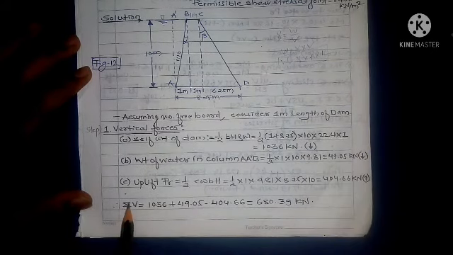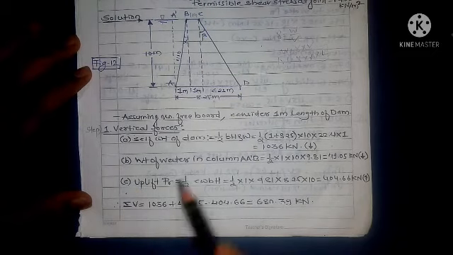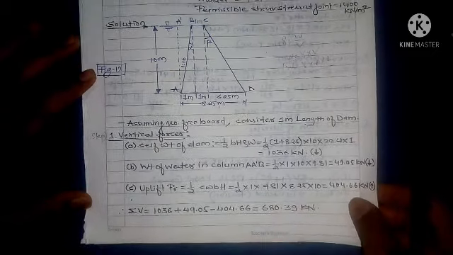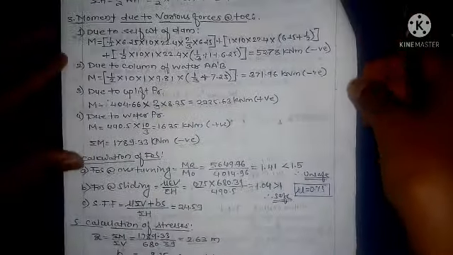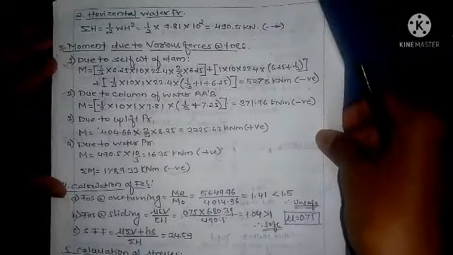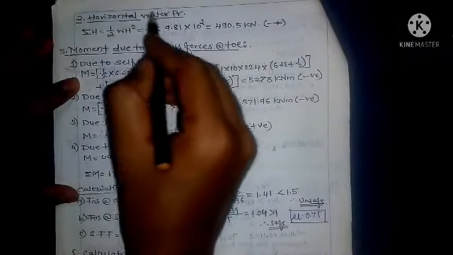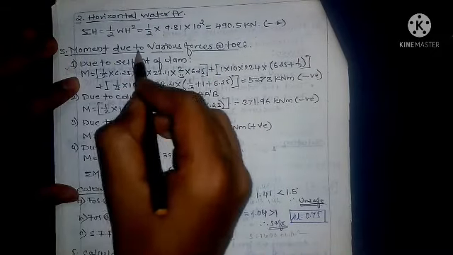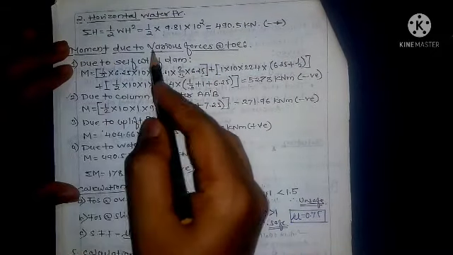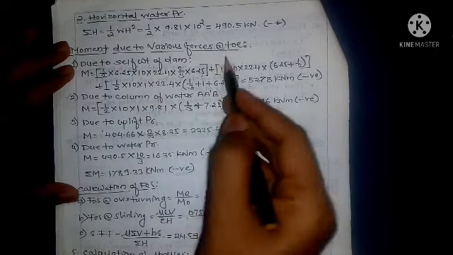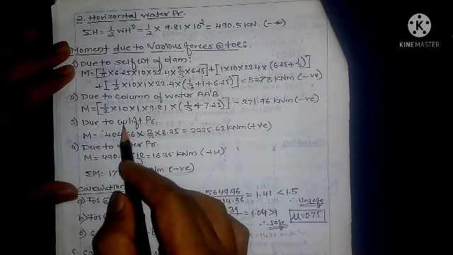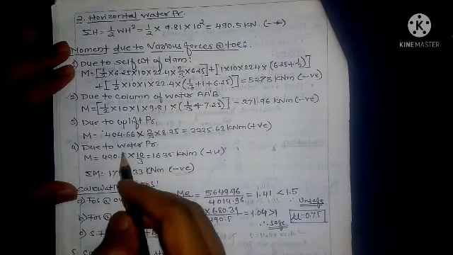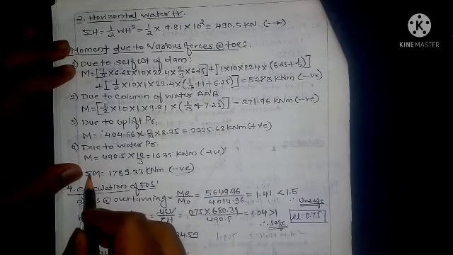Then find the total vertical forces, that is summation of V. Then step second, horizontal water pressure, so horizontal force. Step third, moment due to various forces, that is moment due to all the forces, that is weight of dam, column of water, then uplift pressure, water pressure. Then make the summation.